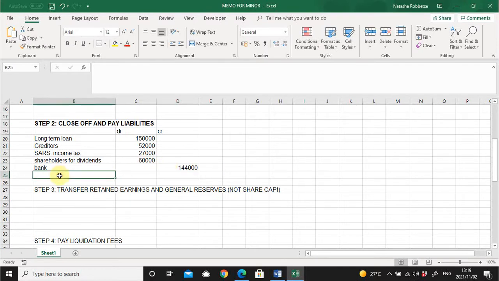You will find that this account does not balance, and again, the balancing figure will be the liquidation. And I'm just searching now for a total here on the debit side.